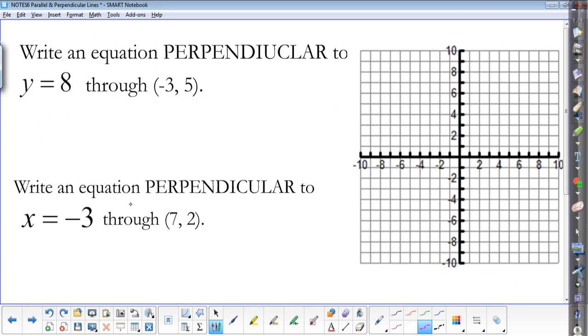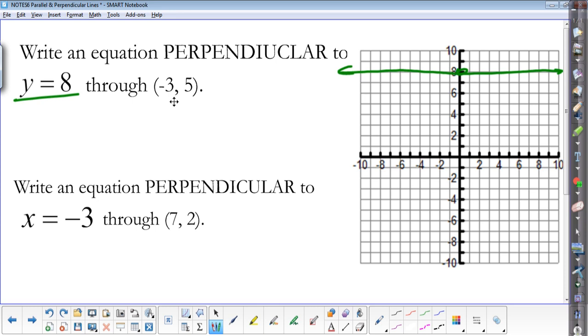Last set of problems. Write equations perpendicular to y equals 8. Well, y equals 8, talked about this lots, it's a horizontal line. To be perpendicular to a horizontal line, you need a vertical line, straight up and down.